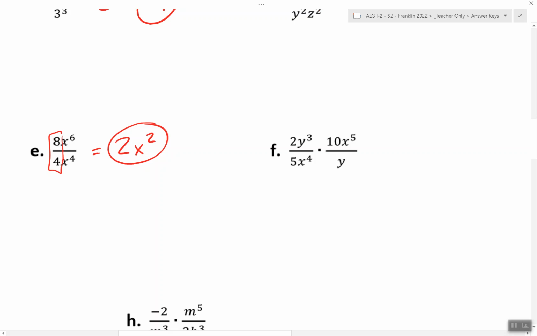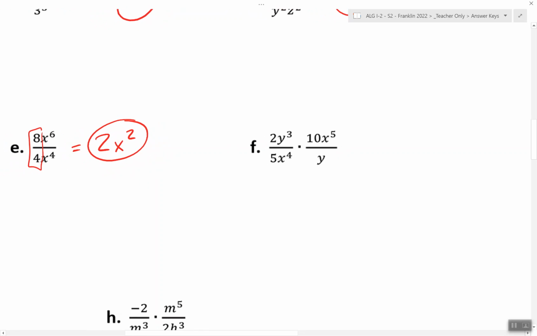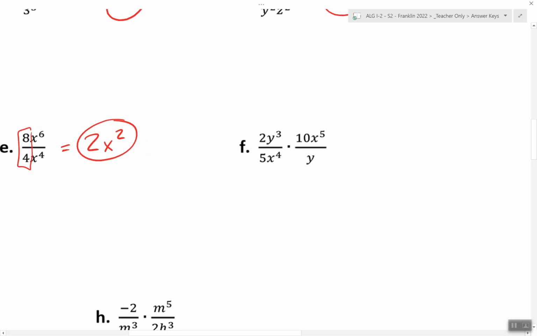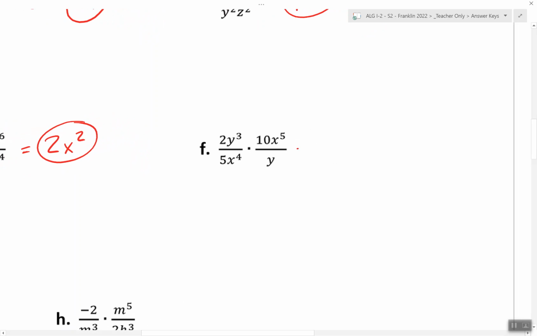For example F, we have two quotients being multiplied. So if you take a quick look and see if there's anything to simplify first, nothing jumps out. Let's go ahead and multiply first and then divide. So if we multiply straight across, 2 times 10 is 20, and then we have x to the 5th, y to the 3rd.